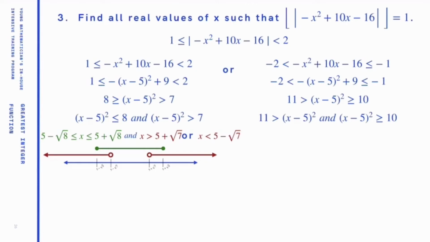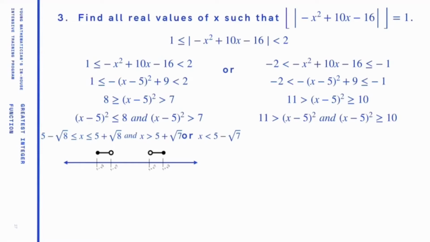Now again, "and", that is the intersection of the two solutions, we get that our values of x must be between 5 minus square root of 8 and 5 minus square root of 7, and 5 plus square root of 7 and 5 plus square root of 8.